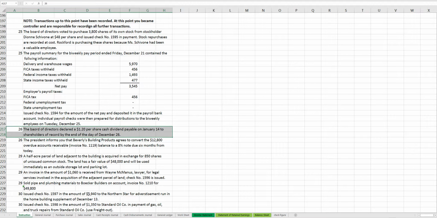The journal entry is very straightforward, right? We will debit dividend and credit dividend payable, but the key is to calculate how much, right? Remember, we pay dividends based on shares outstanding. So let's find out how many shares are outstanding as of December 26.